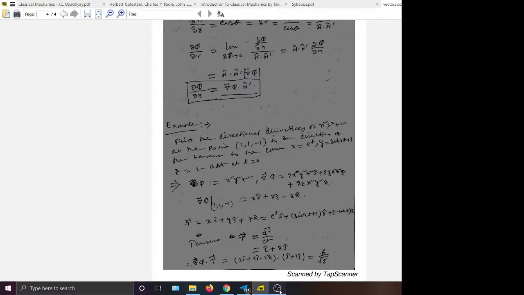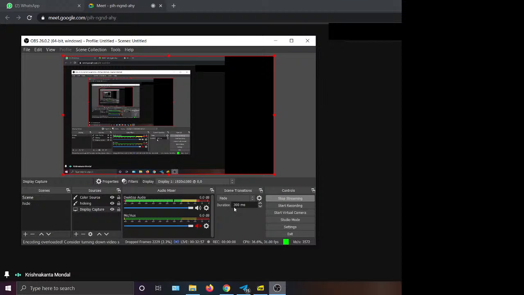Now along that tangent, I have to take the directional derivative. So my aim is to calculate the dot product between grad phi and the tangent.